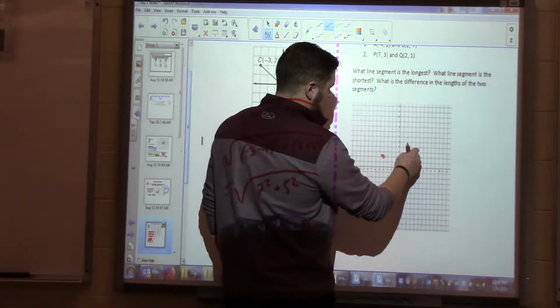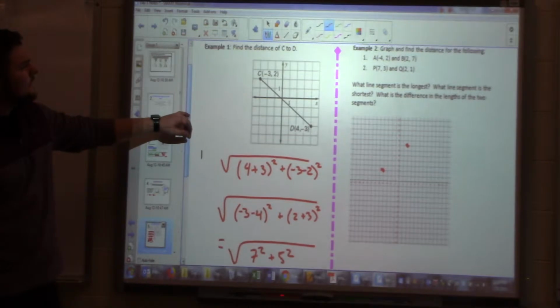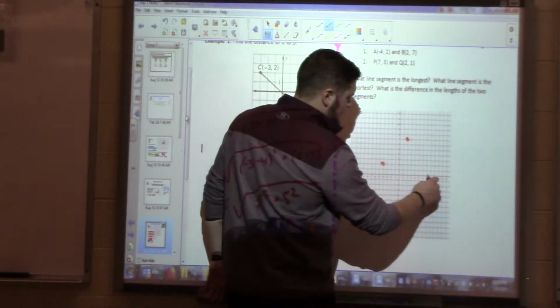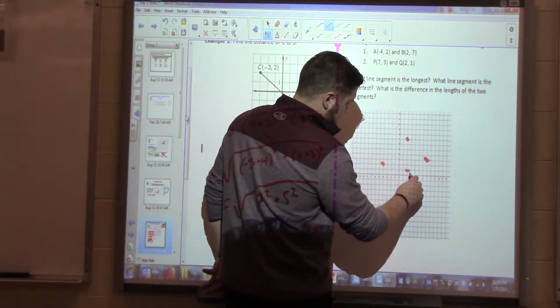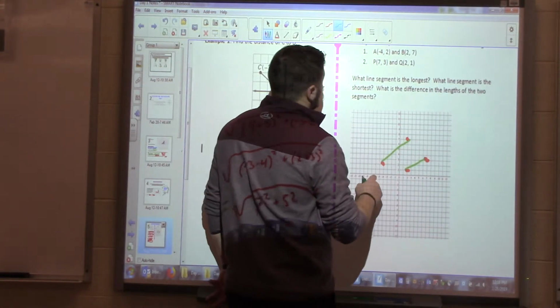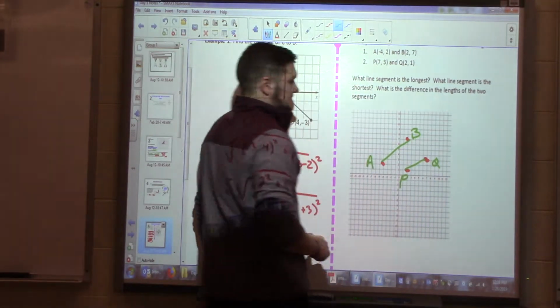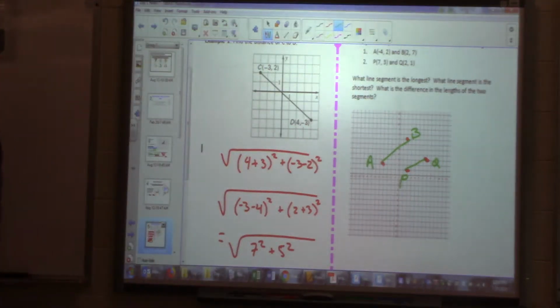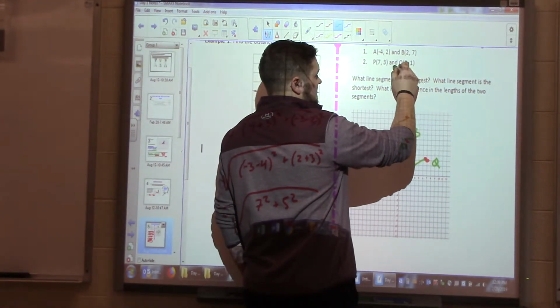Oh, my points are off, that's all right. Alright, which line segment is the longest? AB, probably, right? Just looking at it we can see that. Which one's the shortest? PQ.